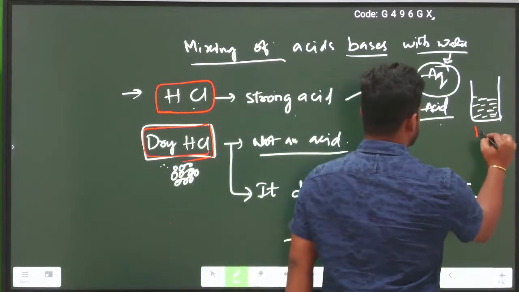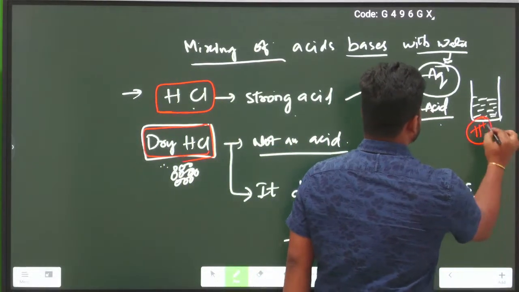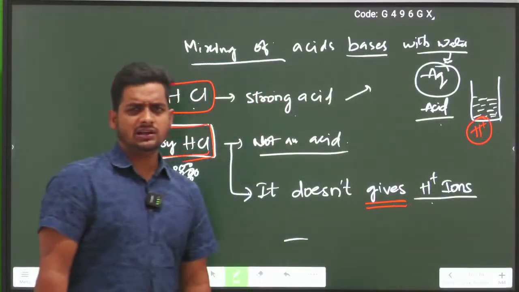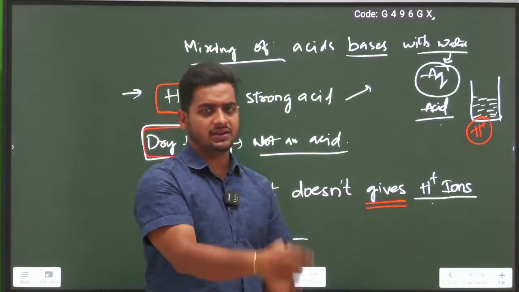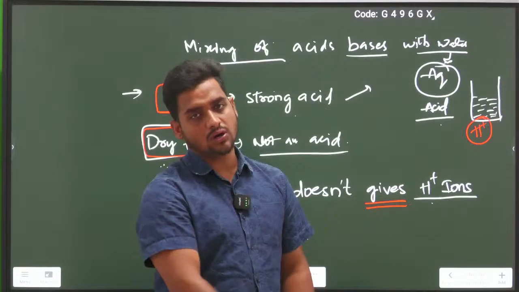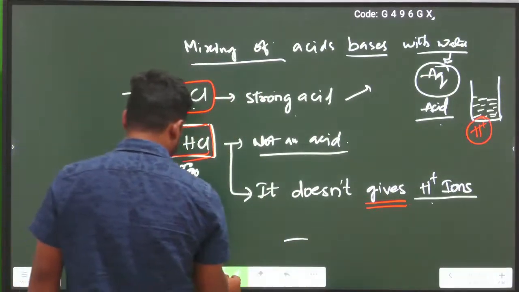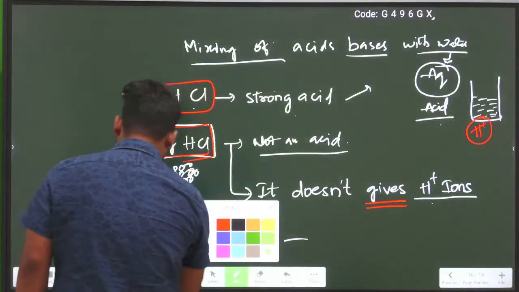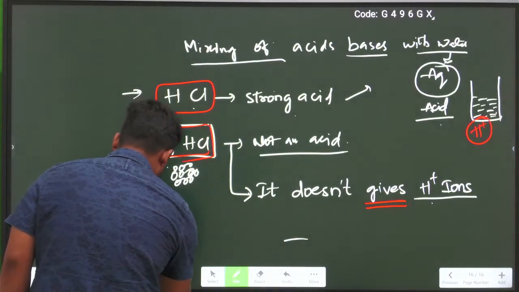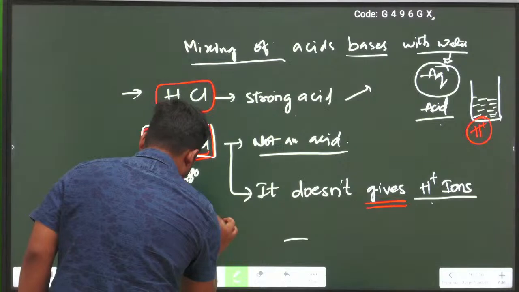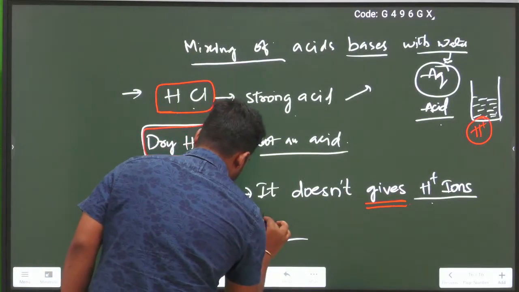So when it gives H plus ion, we can say they are completely ionized, ionizing in aqueous form only. Now take another example, CH3COOH. What is this?